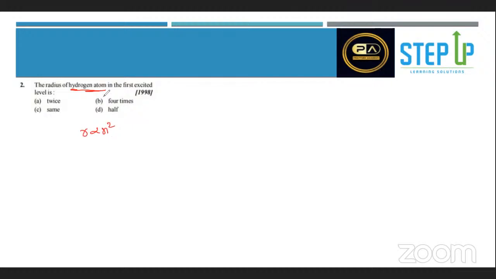In the first excited level, the atom goes from 1 to 2, and the radius at n equals 1 is 0.529, so it goes as n square. So 2 square will be 4 times. So the answer should be 4 times.